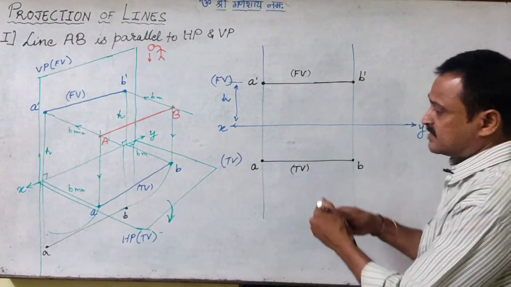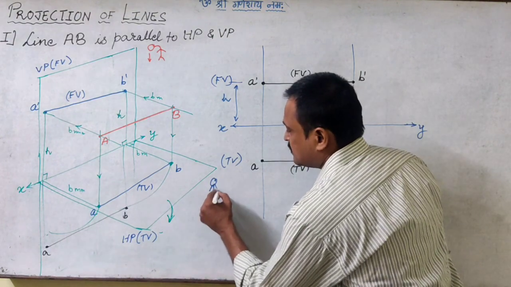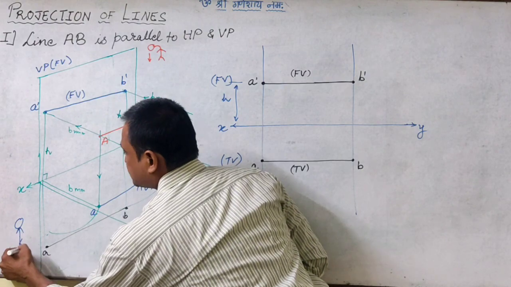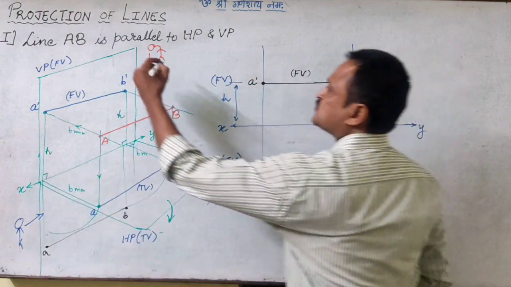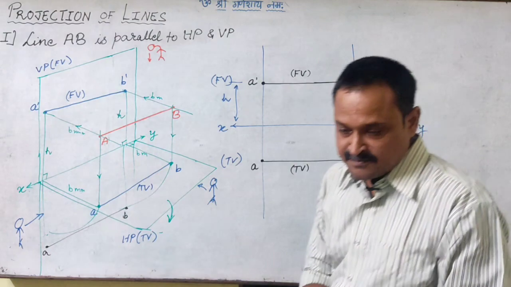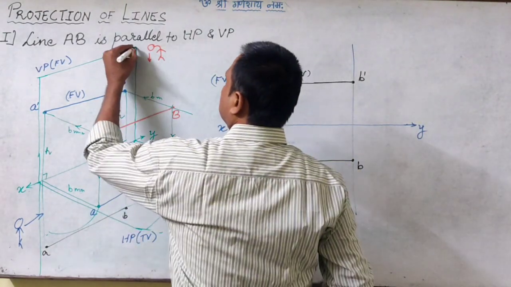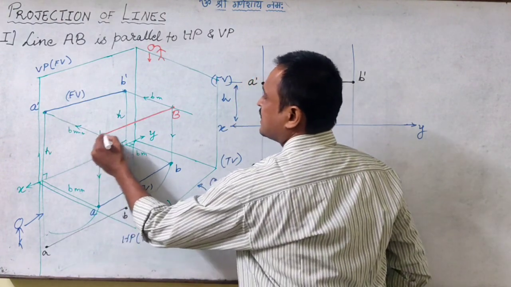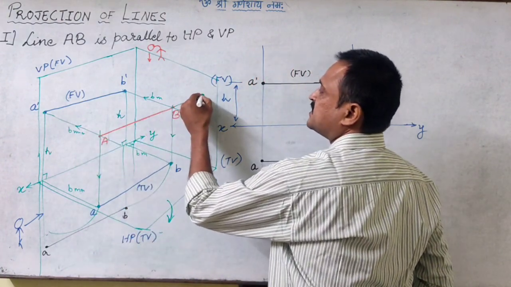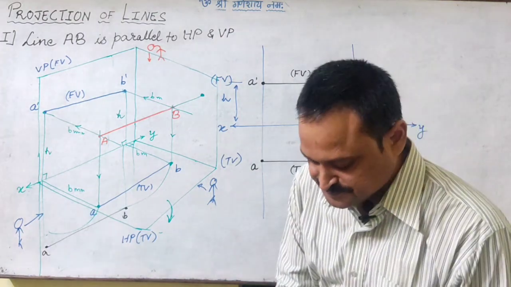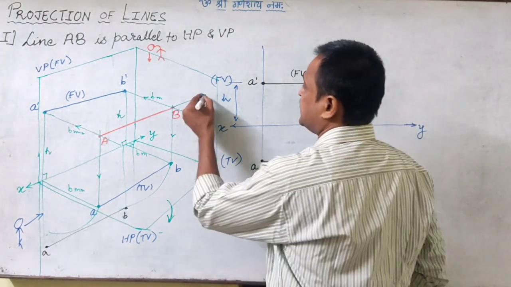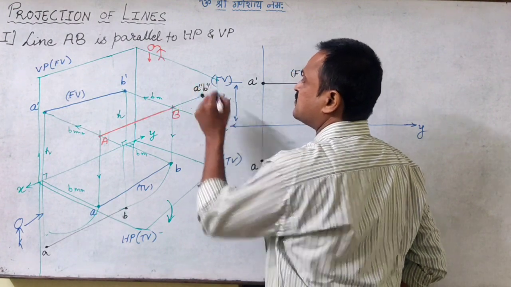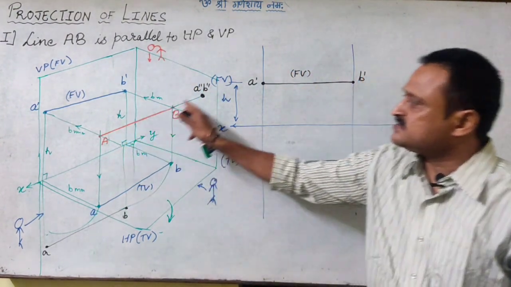So if here the observer is for the front, when I move to the left and look at the object from the left side, the left profile plane is here. When you look at A and B, I will be getting the image of this line here on the profile plane as A double dash B double dash, which will be a point.